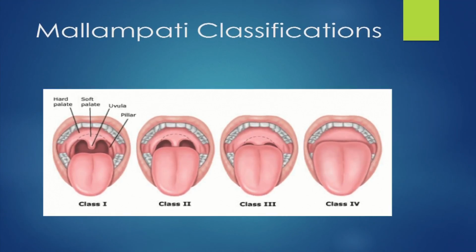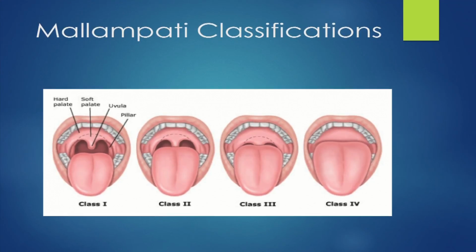Class 3, you really can't make out much of the uvula. It's pretty much covered up. You can just make out the end of the soft palate and see a little bit of the airway, but that's all. Mallampati Class 4, you cannot see the end of the soft palate.